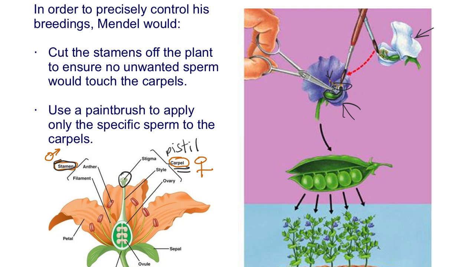The stigma of the pistil or carpel is where the pollen sticks. The pollen is produced in the anthers, which get all powdery with pollen. Meiosis occurs in the anther to produce sperm, and meiosis occurs in the ovule, in the pistils.